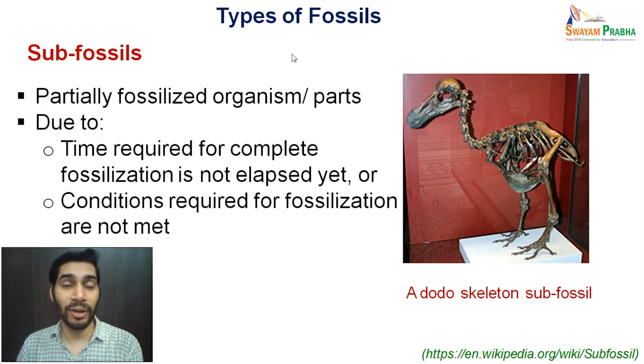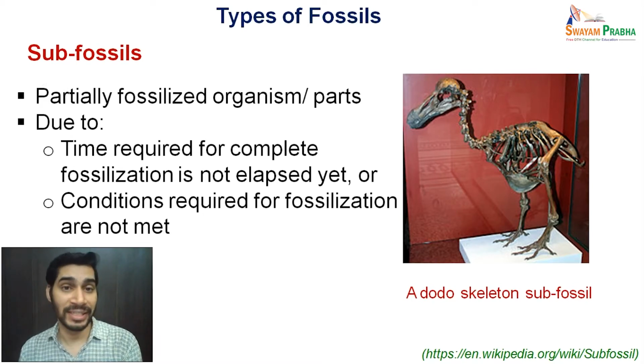The next category of fossil is quite interesting, which is called subfossils. As the name suggests, they are subfossils, meaning they are yet to be fossilized completely. They are partially fossilized organisms or their parts. As you can see, a dodo skeleton subfossil here is not in a completely fossilized form yet. Now the question comes, what is the reason for this incomplete fossilization?